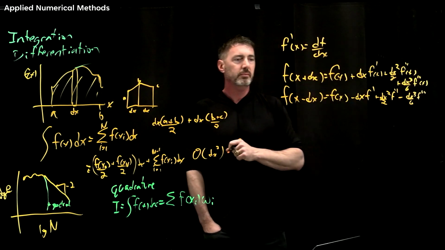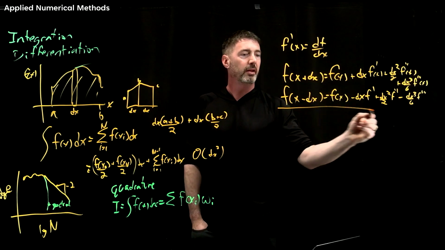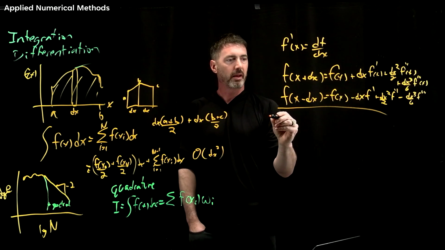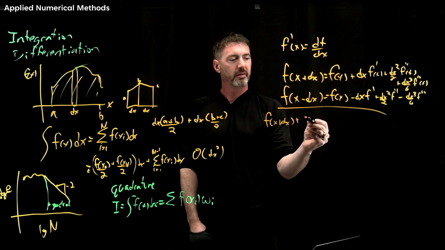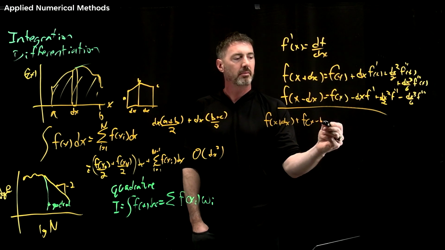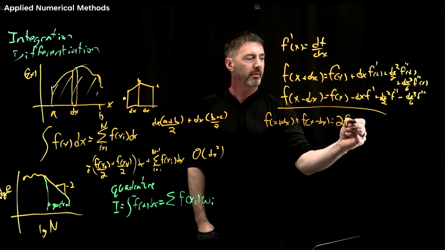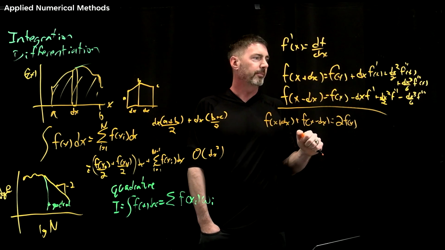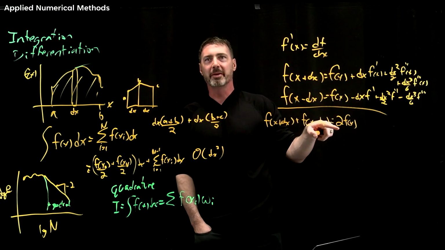Now, look what happens if I add these two. On the left I'll have f of x plus dx plus f of x minus dx. On the right, I'll have 2 f of x. If you add them, I'm going to get the second derivative.